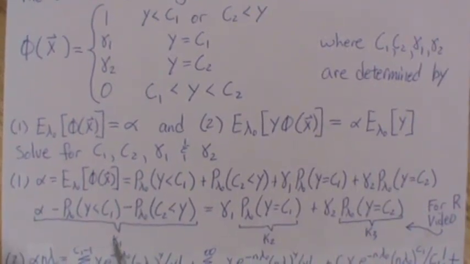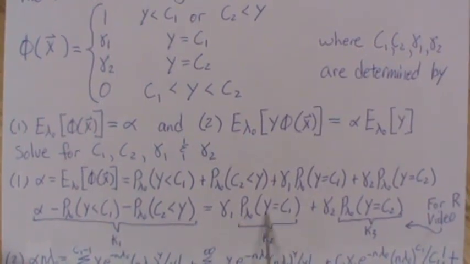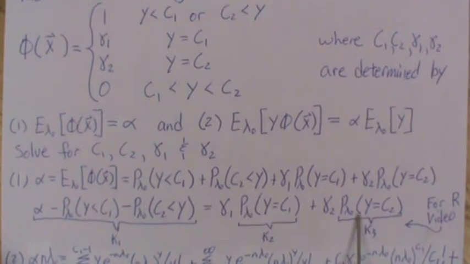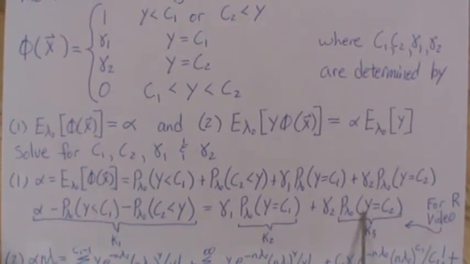What we're going to do is call this K1 in the program in the next video, this piece K2, and then K3. What I do is cycle through all reasonable C1 and C2 values, and I create a matrix of tuples of C1 and C2. Then I solve for gamma 1 and gamma 2 that make this alpha.